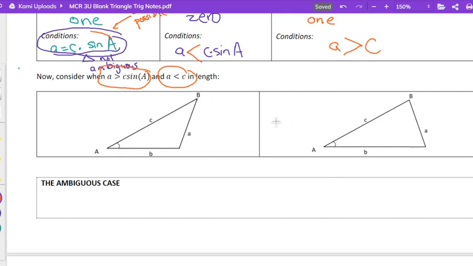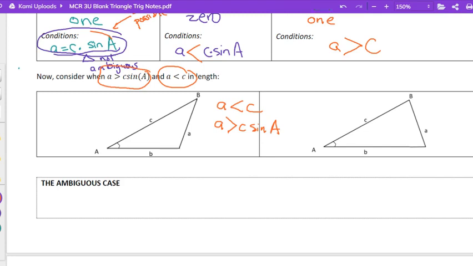In both of these, what we're saying is, if you have a certain length of that line that is not touching the angle, you can make two triangles with it. So in this case, there's two things we know. We know that A is shorter than C, and we know that A is greater than C sine A. These are two criteria to satisfy the ambiguous case.